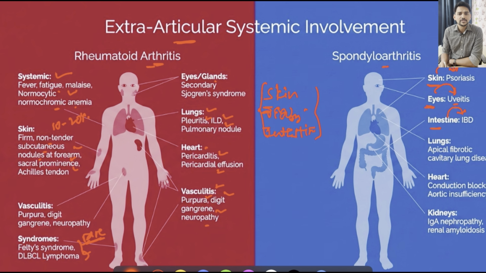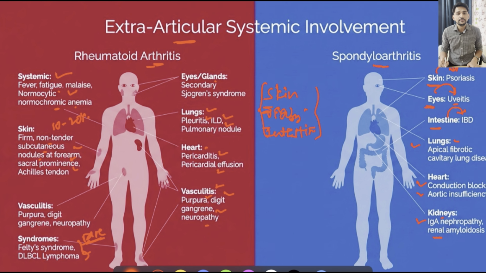So these 3 extra-articular structures are involved in majority of the spondyloarthritis in different proportions. And just to enlist other manifestations, in lungs it might affect as apical, fibrotic or cavitatory lung disease. In heart, like conduction blocks or aortic valve insufficiency. In kidneys, because of chronic inflammation, it might present as renal amyloidosis or even IgA nephropathy might be the presenting feature.